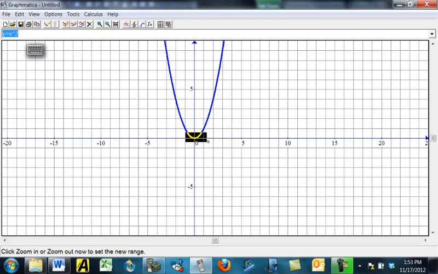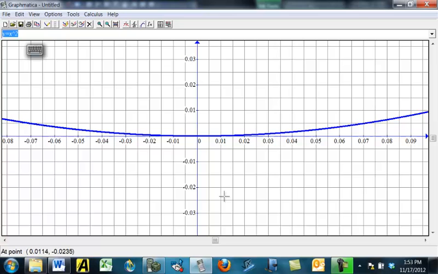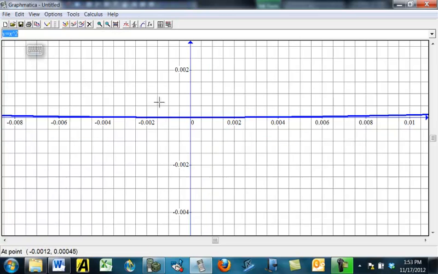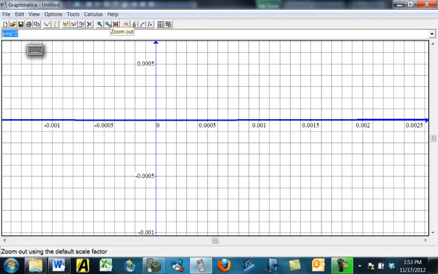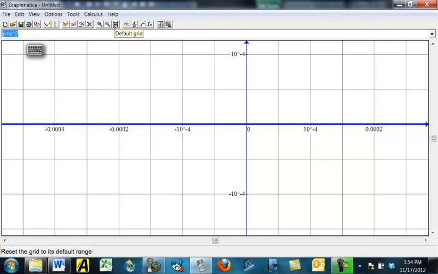Even if I zoom in here close to this part, this doesn't look linear yet. I have to zoom in quite a bit closer. But if I zoom in here very, very close, it's looking more and more like the x-axis, like a horizontal line. So if I zoom in close enough, it looks like a linear function.